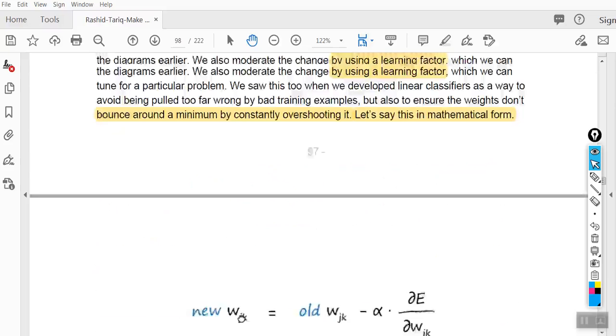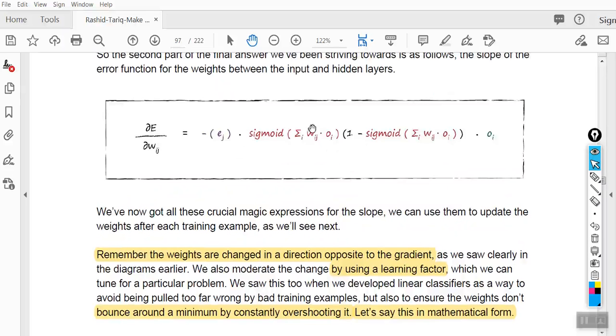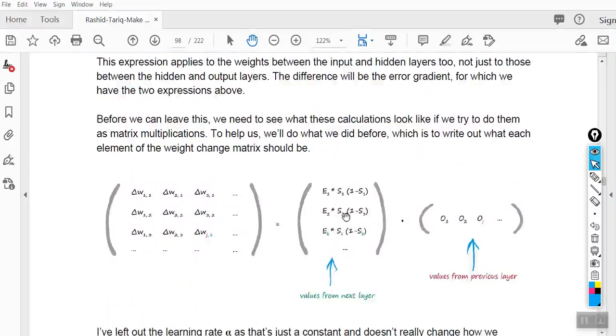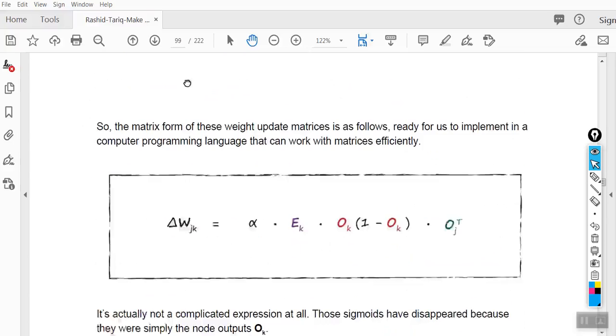And as I said in this equation, we rewrite the sigmoid by S in the form of a matrix, and K is related to the values from the next layer, and O is related to the output value from the previous layer. It is directly rewritten by using the previous equation that I said.